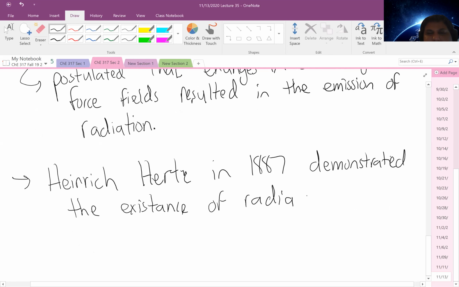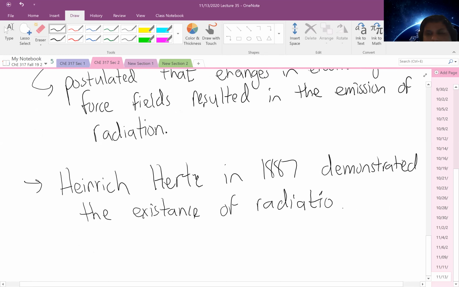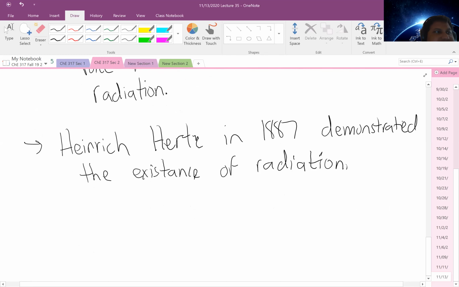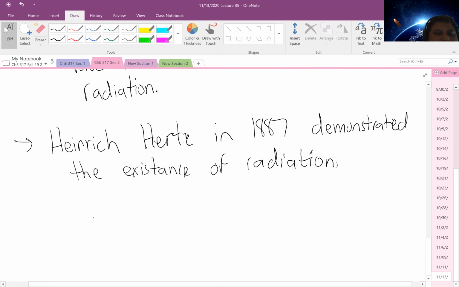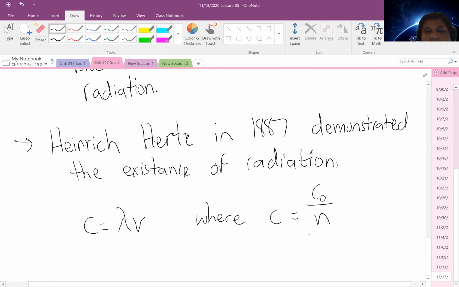And from this, we learned that the radiation that can be emitted follows a law that states the speed of emission is equal to the wavelength of radiation emission times the frequency at which the radiation is emitted, where c is c naught over n.